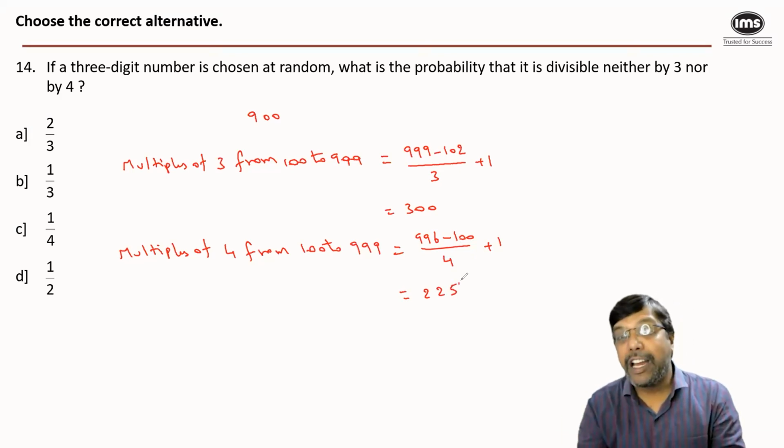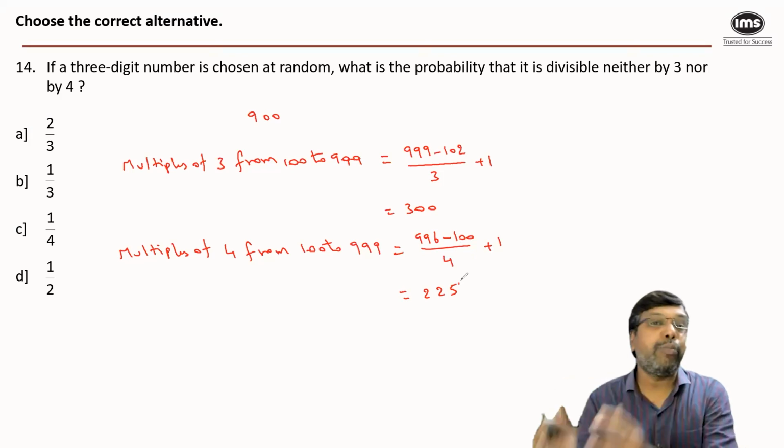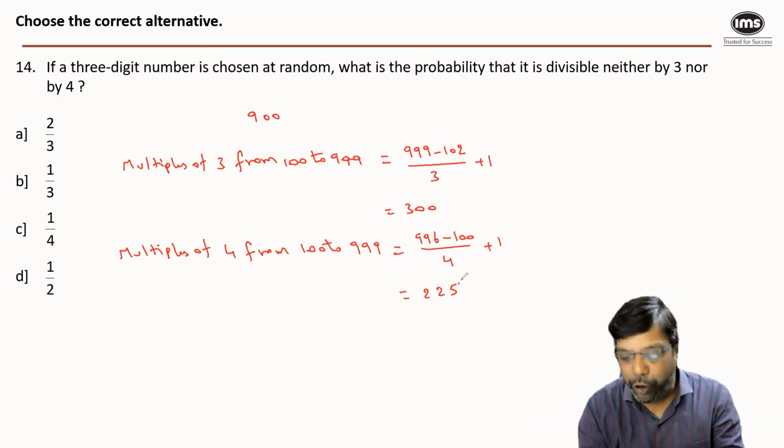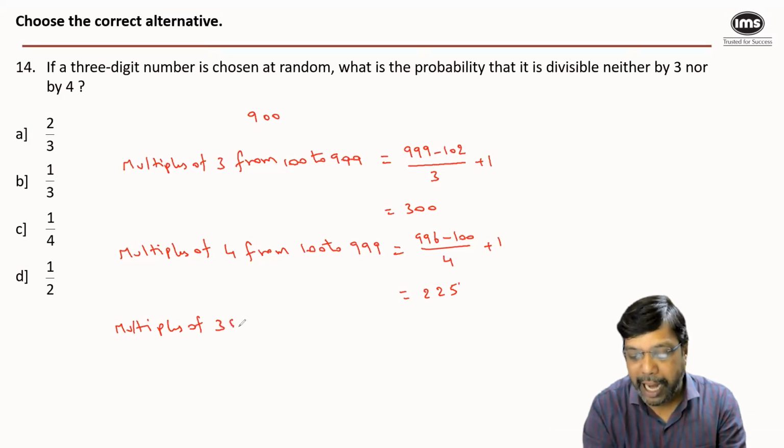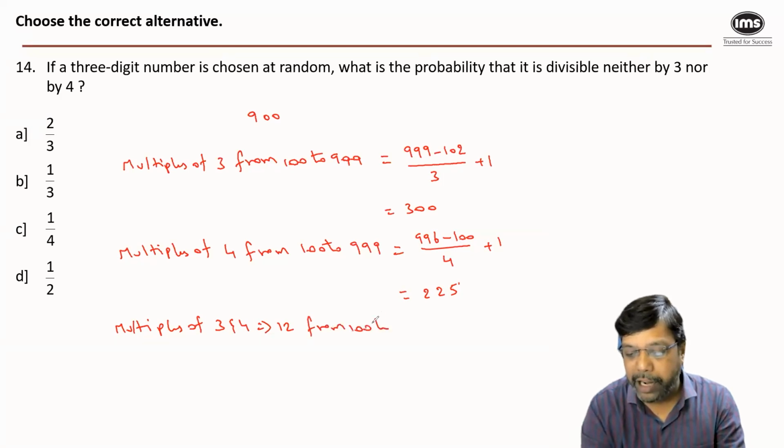Now we need to find how many numbers are both multiples of 3 and 4, that is multiples of 12, from 100 to 999.